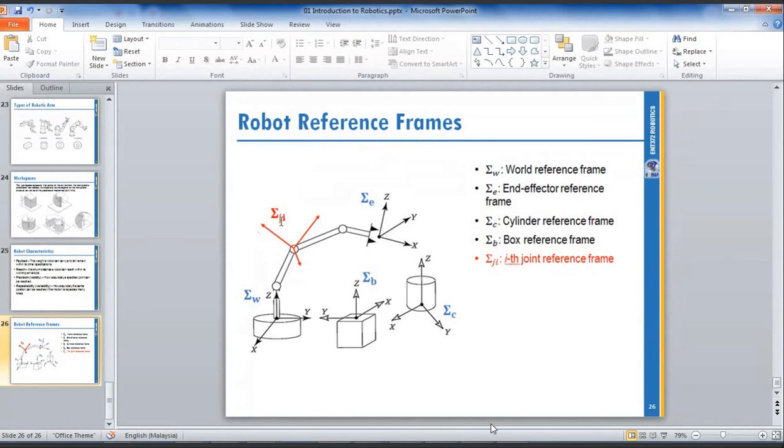What is Ji? J is joint, i is a variable. That means how many joints you have. If this is joint 1, this is joint 2, this is joint 3, that means this is J3, joint 3. So you just write it as Ji because i depends on the number of joints.